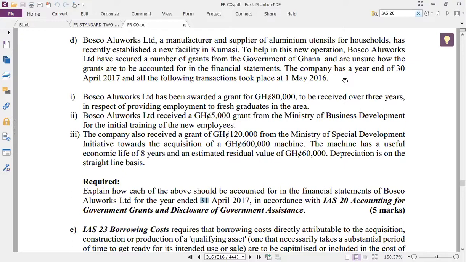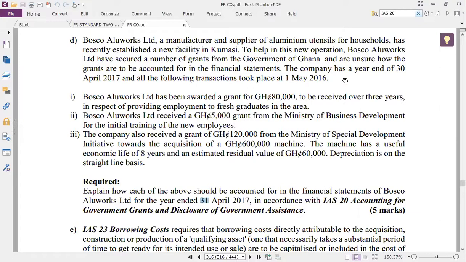What we saw first was 50,000, but this one is 5,000, and all of them were training, right? Good, they look alike. So the amount is 5,000, and this is for the training of the new employees.